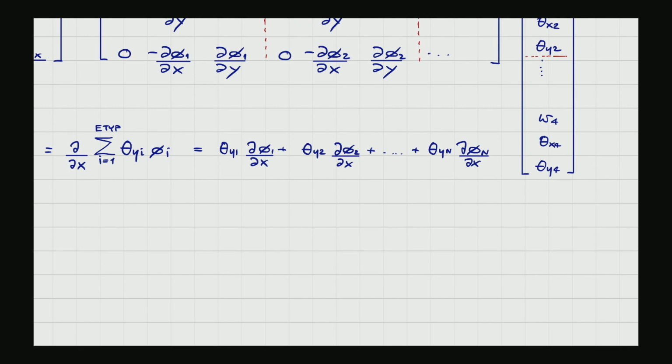Now, this part here, is it going to be a problem? No, because you have the subroutine. We developed it from the plane stress, plane strain code.